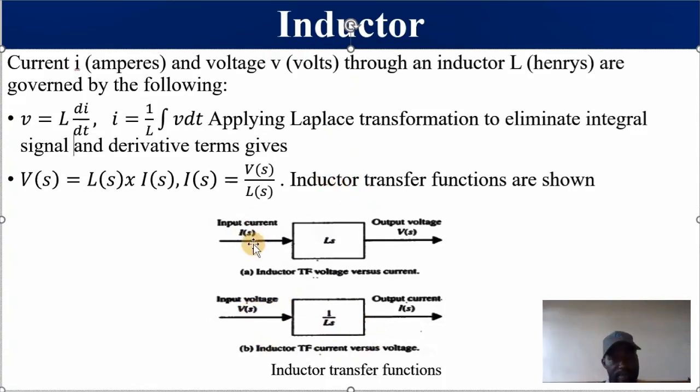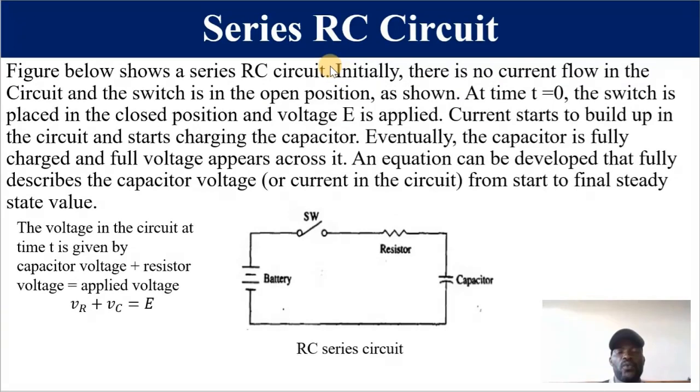Mathematical modeling. Let's proceed. We are now combining the mathematical models of the three passive components, R, L, C. So we have a circuit diagram there: a switch, a resistor, a capacitor in this case, and a battery. According to Kirchhoff's voltage law, the battery voltage E is equal to the voltage across the resistor plus the voltage across the capacitor.